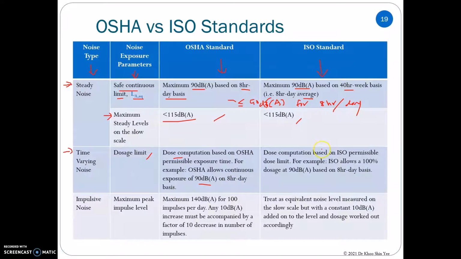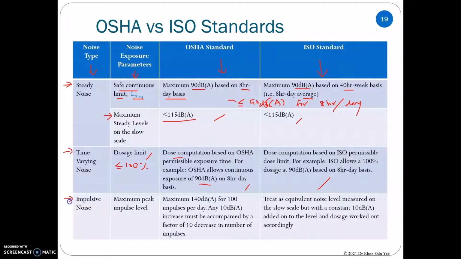On the other hand, for the ISO standard, the dose computation is based on the ISO permissible dose limit. For example, ISO allows a 100% dosage at 90 dBA based on 8 hours per day basis. Overall, the dosage limit must be less than 100% for both of the standards.